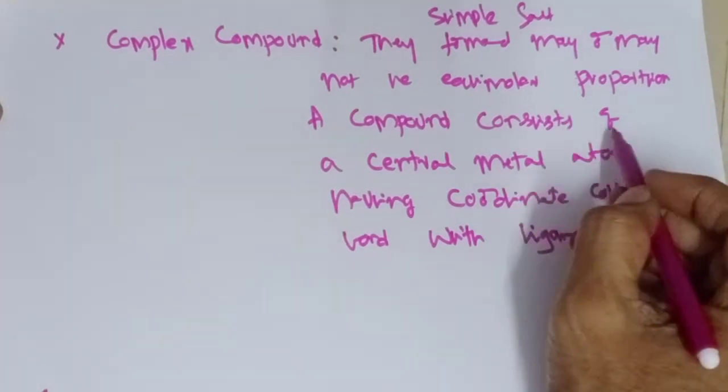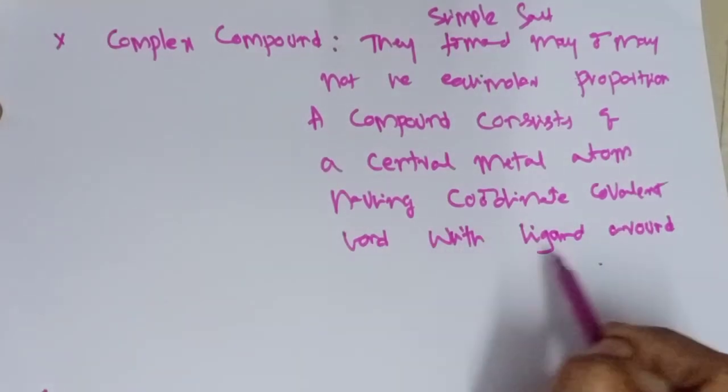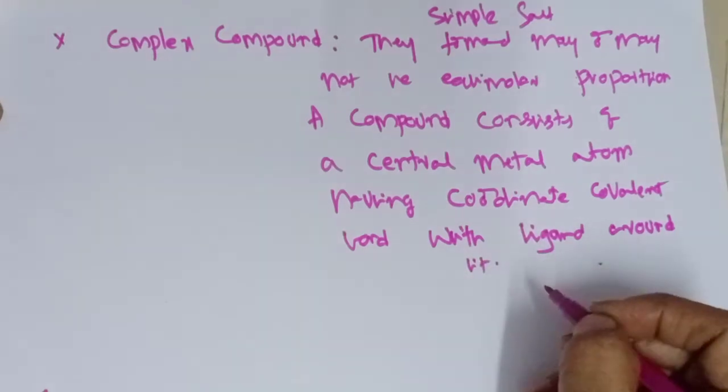A compound consists of a central metal atom having coordinate covalent bonds with the ligands around it. Okay.